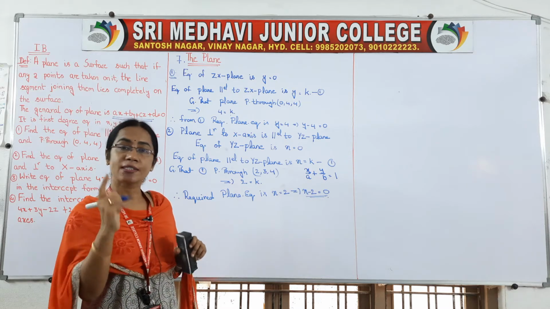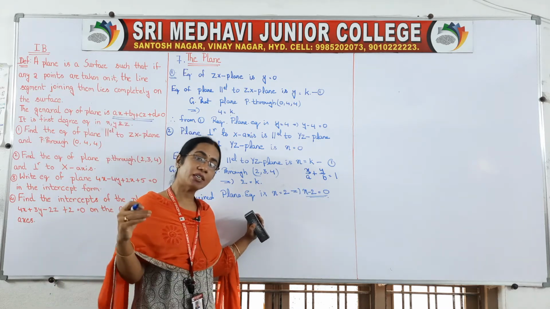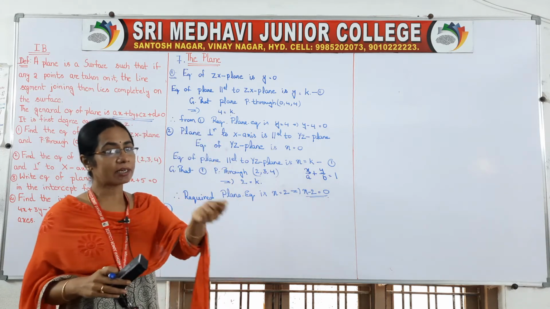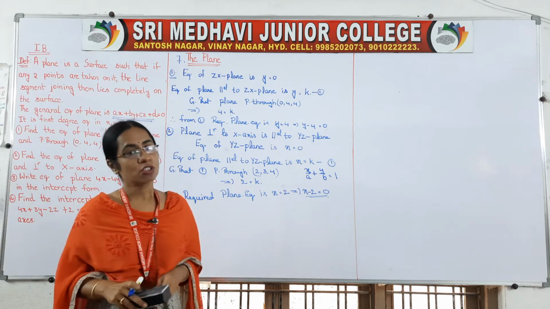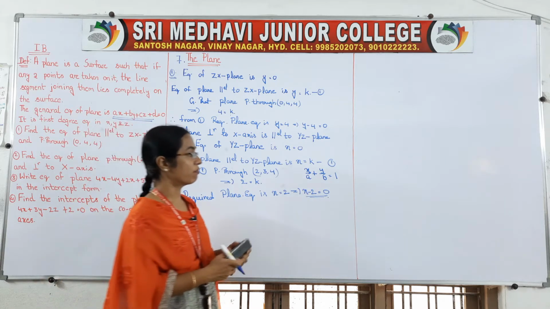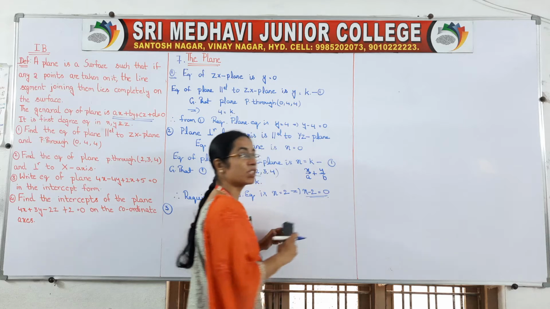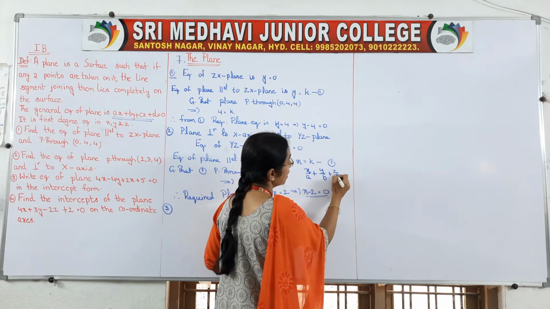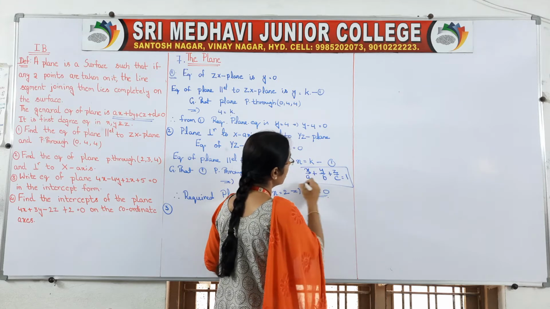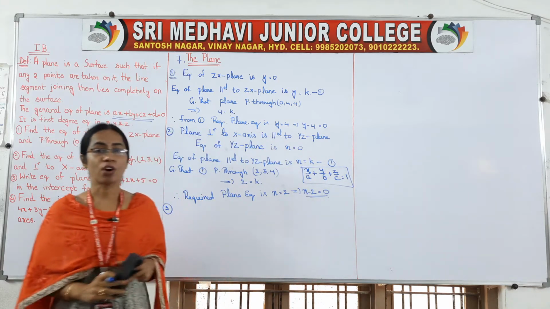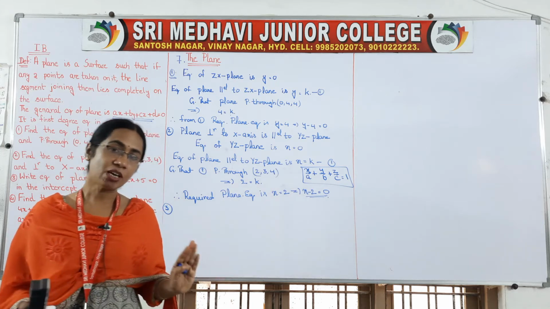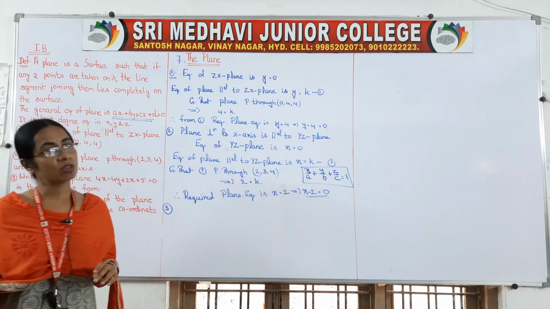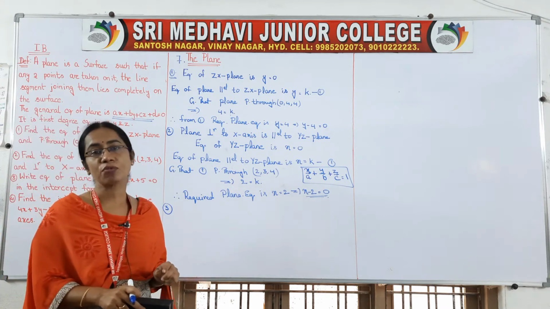In our straight lines, what is the difference between a line and a plane? Only the z coordinate. That is a 2D diagram, this is a 3D figure, so only the z coordinate will be different. So the intercept form of a plane is x/a + y/b + z/c = 1. The general form is ax + by + cz + d = 0, the general equation of the plane.